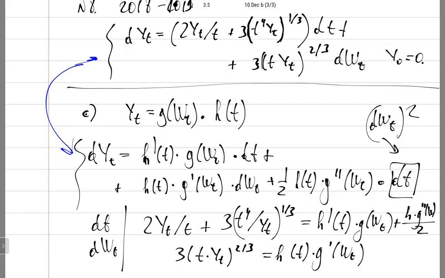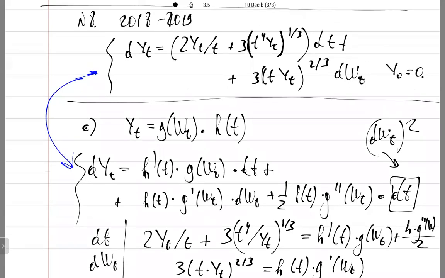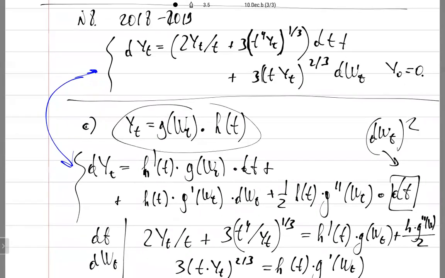We have a hint that says, consider not an arbitrary solution, but a solution of this special form, where one function of w is multiplied by a function of t. And we just use Ito's lemma and obtain an expression for dyt. But in the equation, we have an expression for dyt. So they should be equal.